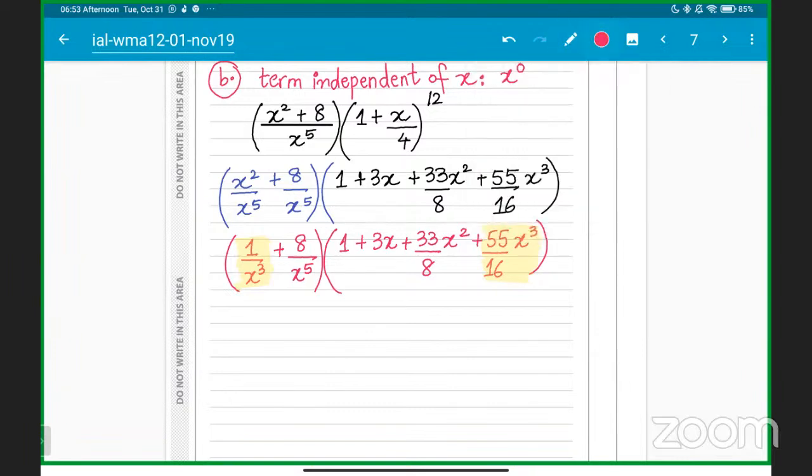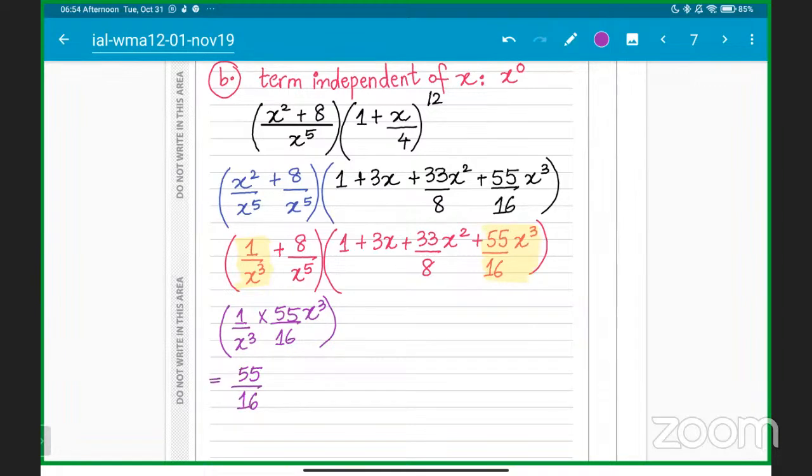So we multiplied 1 over x cube with 55 over 16 times x cube. So we got one of the answers, 55 over 16, as the term independent of x.